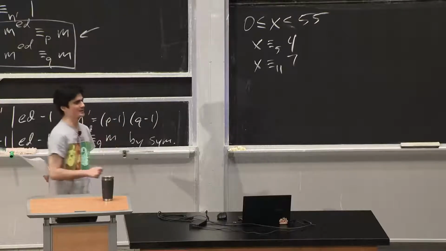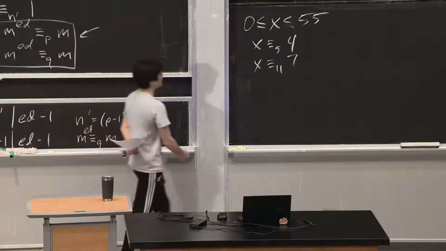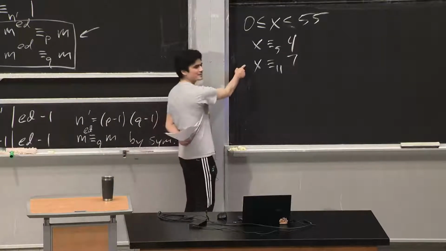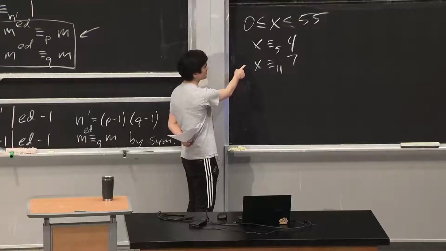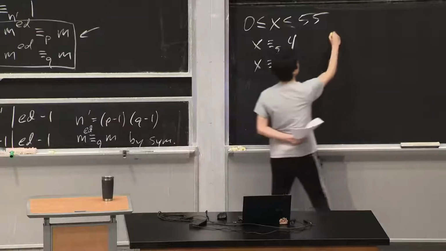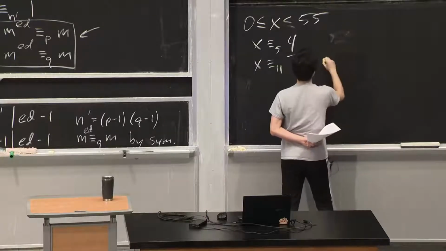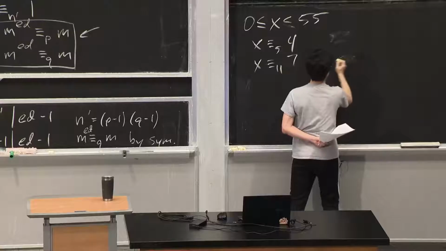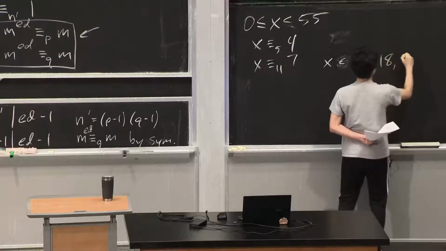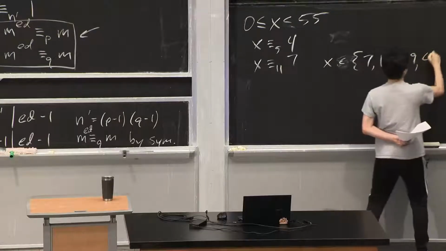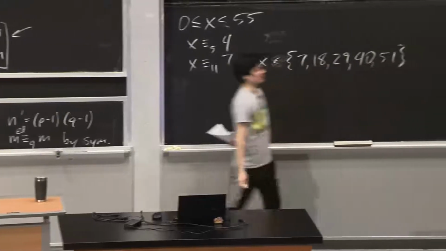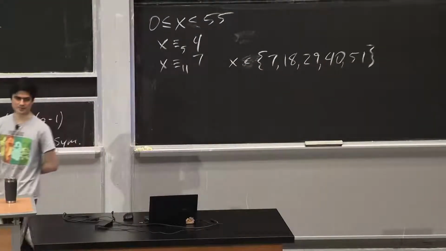I claim that we can do it slightly faster than that. Why don't we enumerate everything that satisfies this congruence first? Okay. So what is congruent to 7 modulo 11 in this range? So x is in the following set: 7, 18, 29, 40, 51, and if we add 11 again, we get past 55.